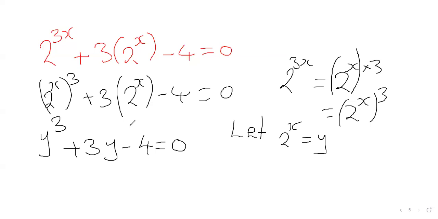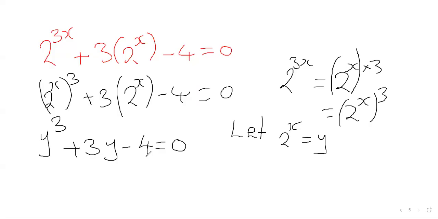I'm pretty sure you still remember how to solve a cubic function. For a cubic function, you first need to look out for factors, which value of y, such that when you plug it in, you obtain 0 at the end. That's how we start.